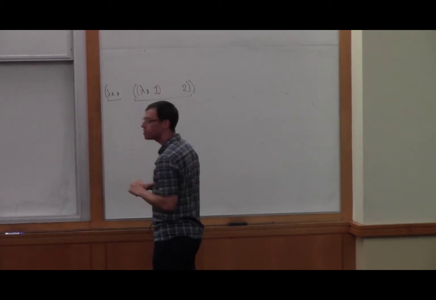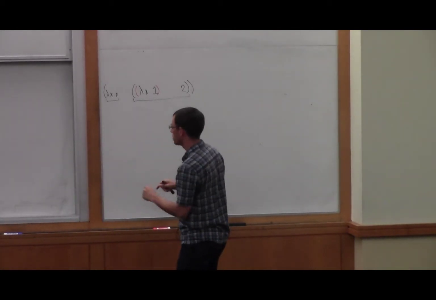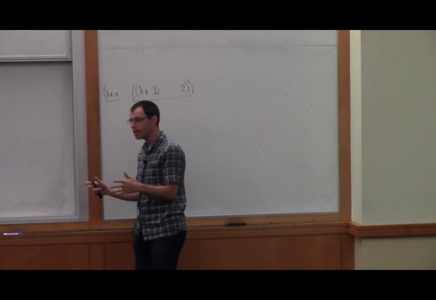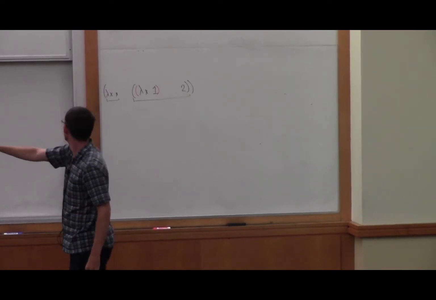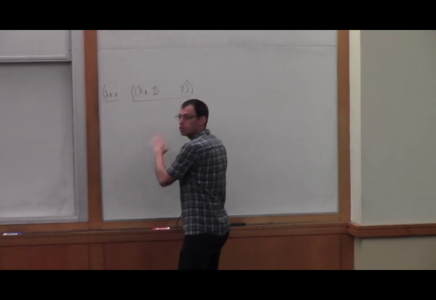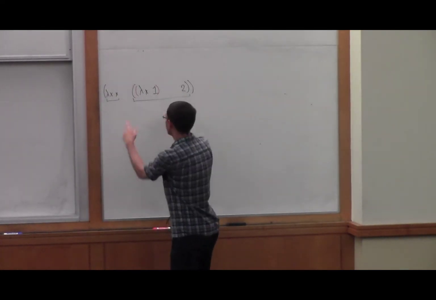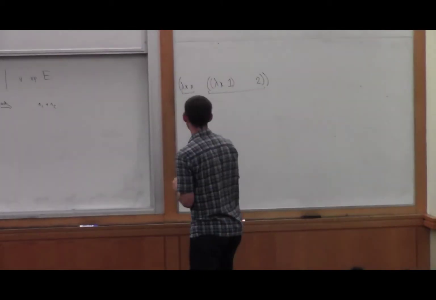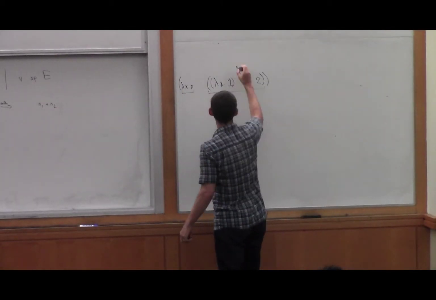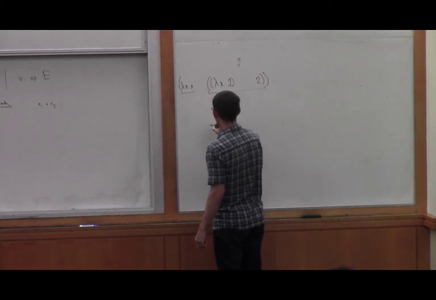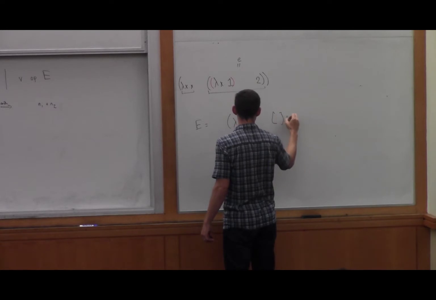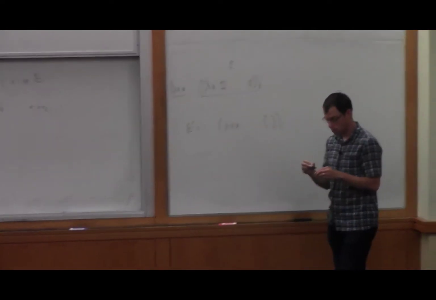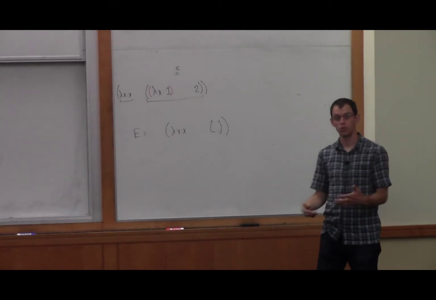So that means we need to figure out so little e is going to be this. So big E is going to need to be a context that includes this applied to something. And then we're going to put this term in that something. So this is going to be little e, and big E is going to be the identity function applied to a hole.